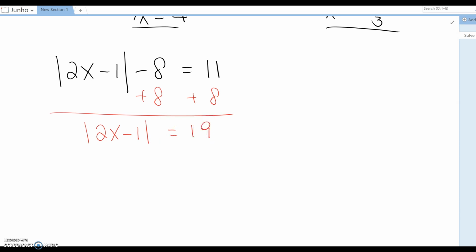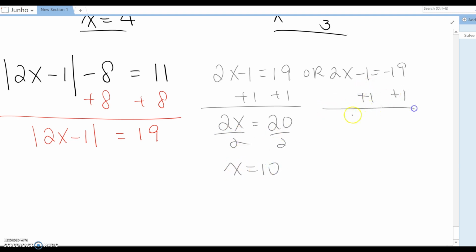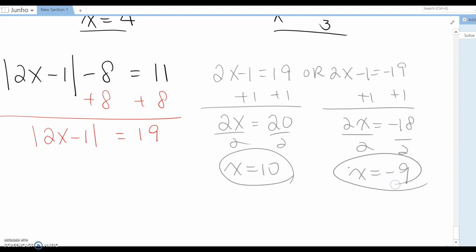It means 2x minus 1 can be 19, or 2x minus 1 becomes negative 19, basically. So let's solve it. So plus 1, then 2x equal to 20, divided by 2, so x equals 10. Or add 1, then 2x equal to negative 18, and divide by 2, then x equal to negative 9. So those two are the answers for the question.